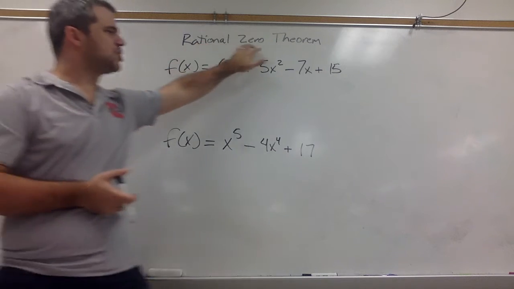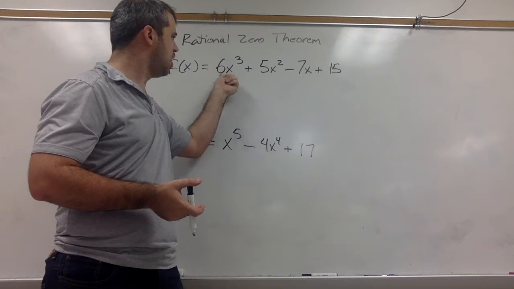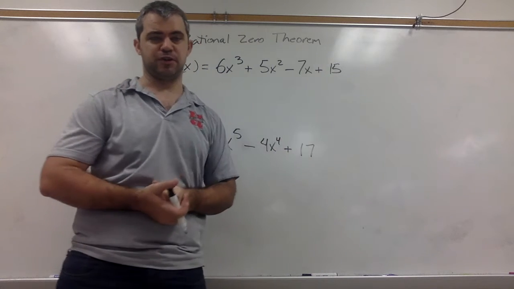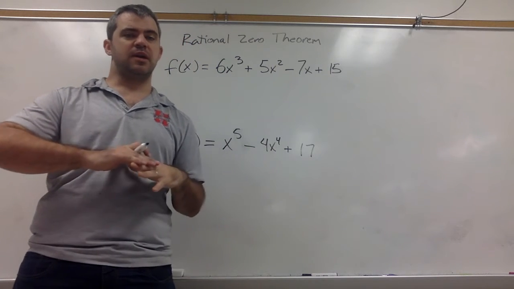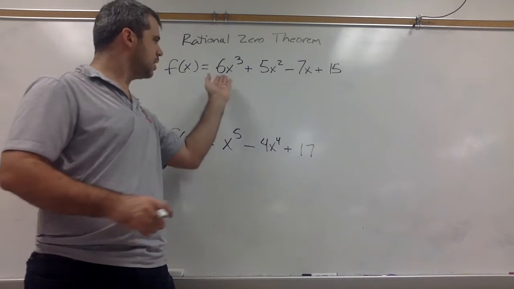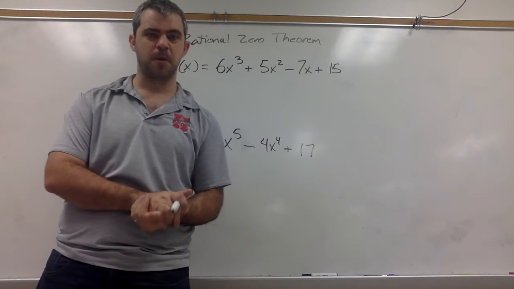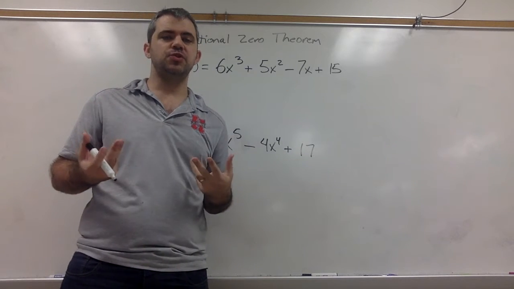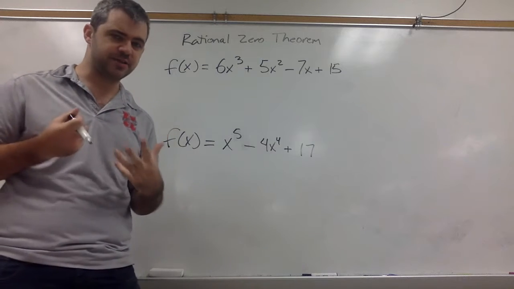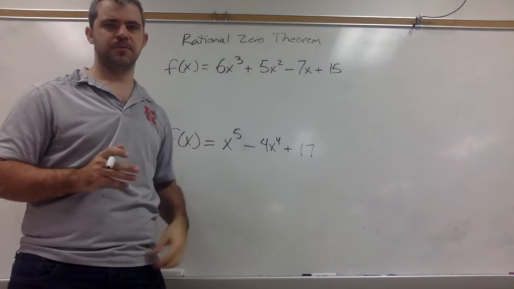So what the rational zero theorem is: let's say you have a polynomial like this that has all integer coefficients. If your polynomial doesn't have integer coefficients, this is already useless. What we're going to try to do is find an exhaustive list of all possible rational zeros.